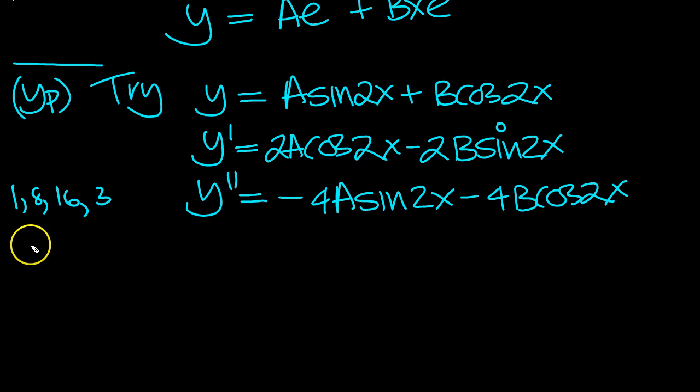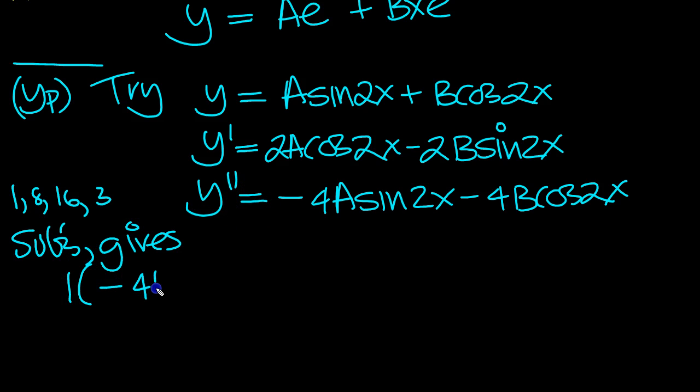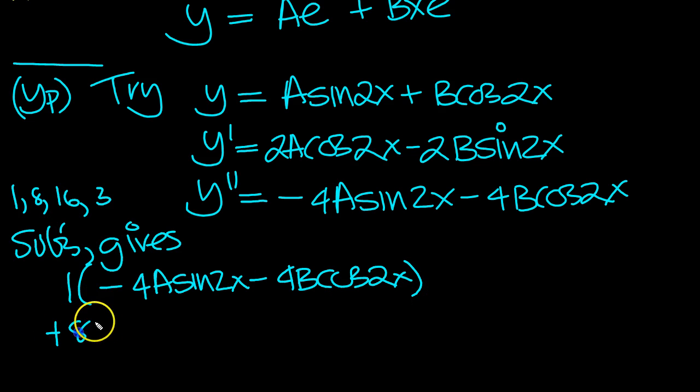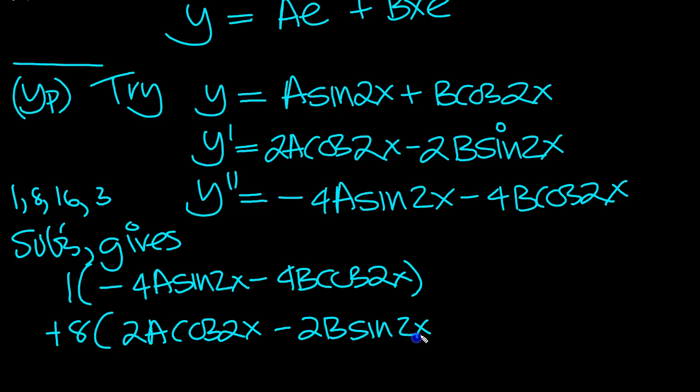So 1 of these. So substitution then gives 1 of these, sine 2x minus 4b cos 2x, plus 8 of these, and then plus 16 of these.